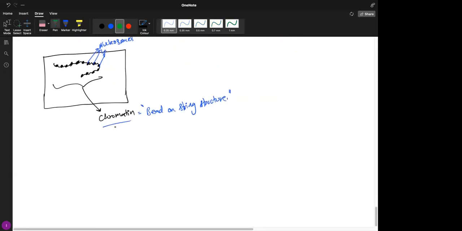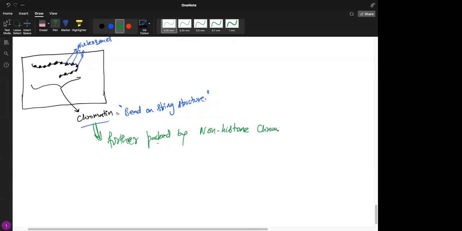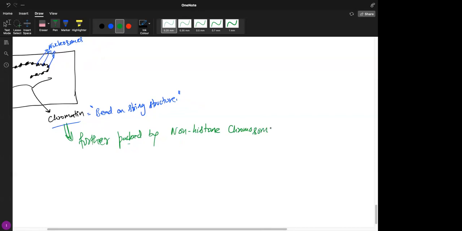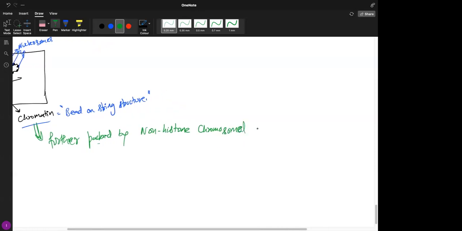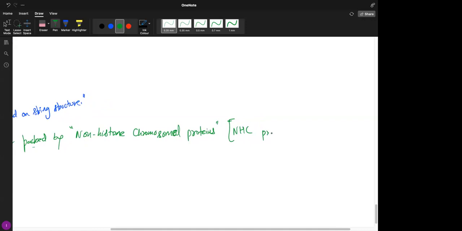So write down: chromatin is further packed and compacted by non-histone chromosomal proteins, because now we have reached the level of a chromosome. We are making a chromosome. Some books write it in short as NHC proteins.